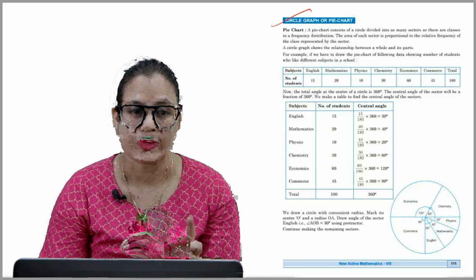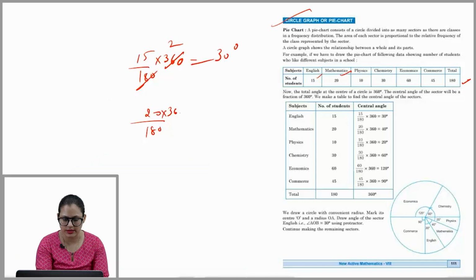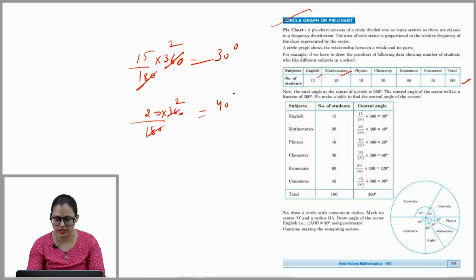Take a table to find the central angle of each. Similarly, we will find out the other subjects also.